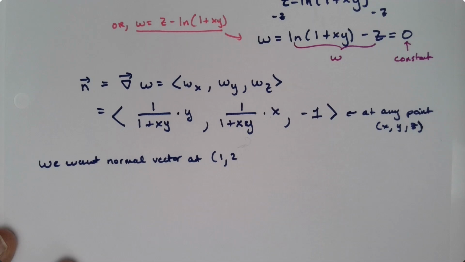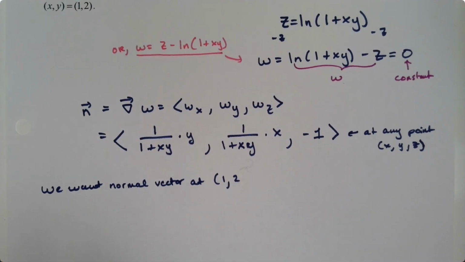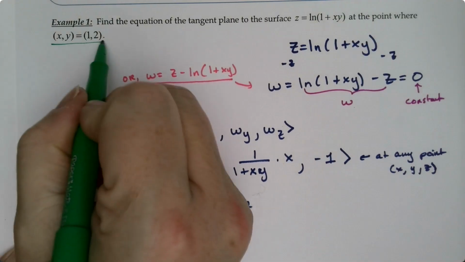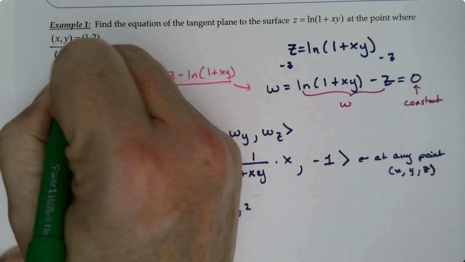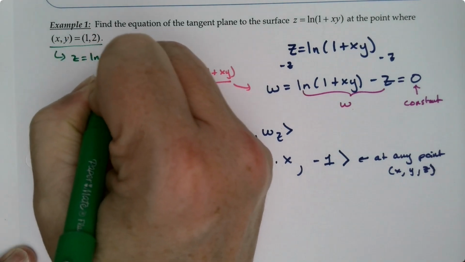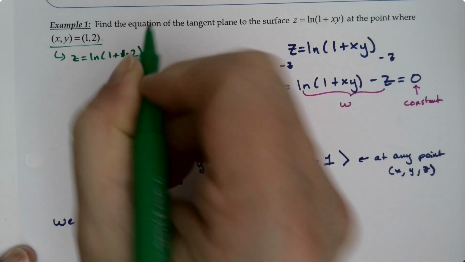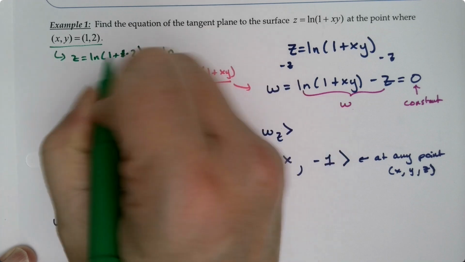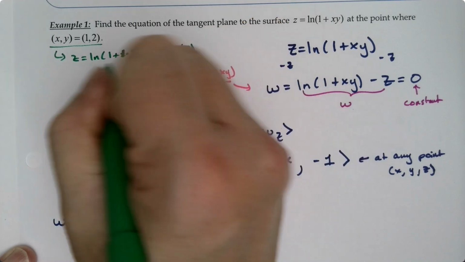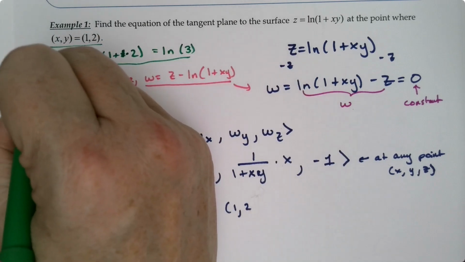Actually, I could go find it. Here, let's just do it real quick. If (x, y) is (1, 2), then z is the natural log of 1 plus xy. So 1 times 2, sorry, which would be the natural log of 1 plus 2, which is 3. So just make a note of that right there.